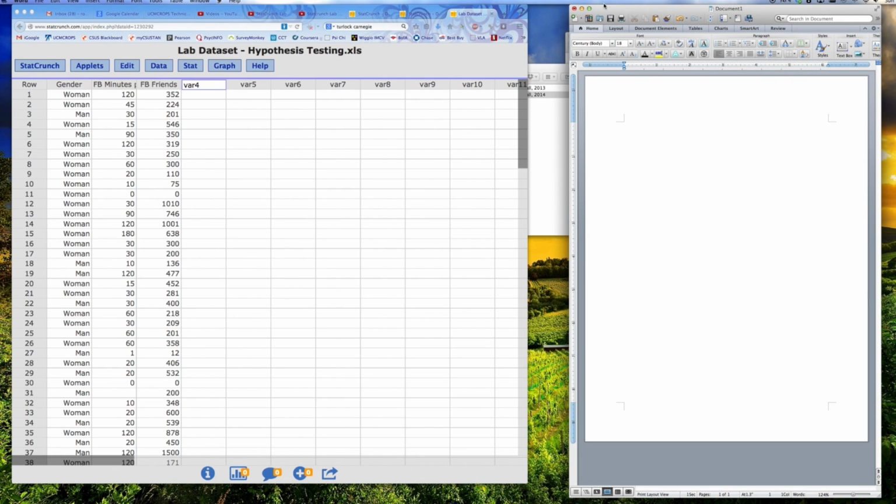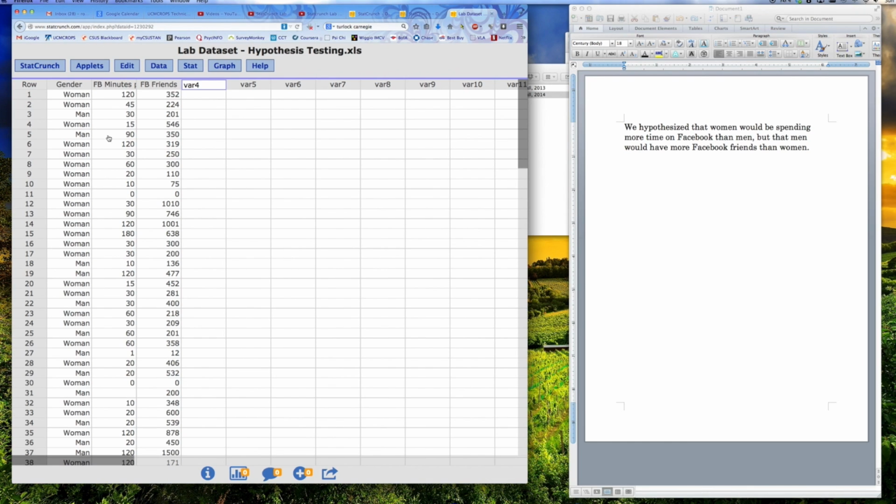I don't really have any data or research to back that up, but let's just say that's our hypothesis. So we could say, we hypothesized that women would be spending more time on Facebook than men, but that men would have more Facebook friends than women. So those are two hypotheses we could test.